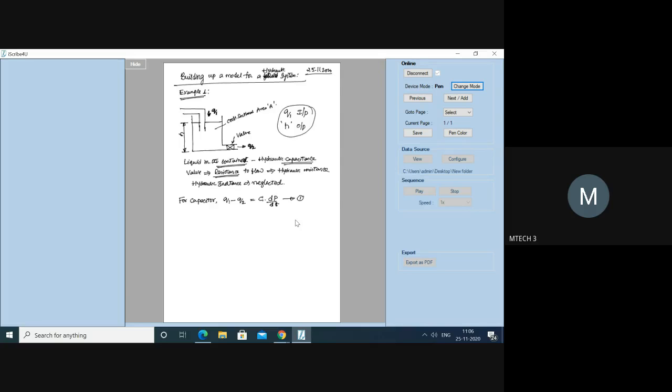Okay, right. Now, next line, you write. The rate at which liquid leaves the container, that is Q2, equals the rate at which it leaves the valve.